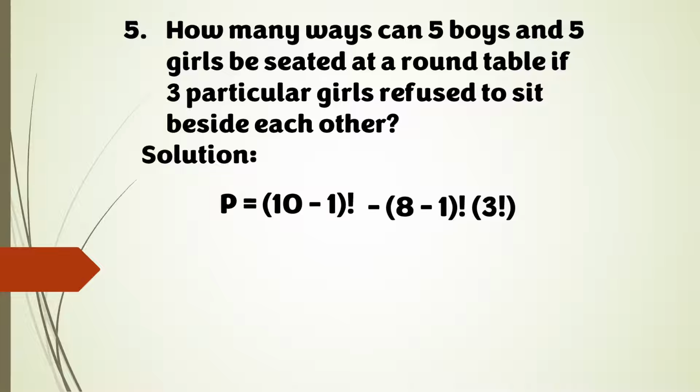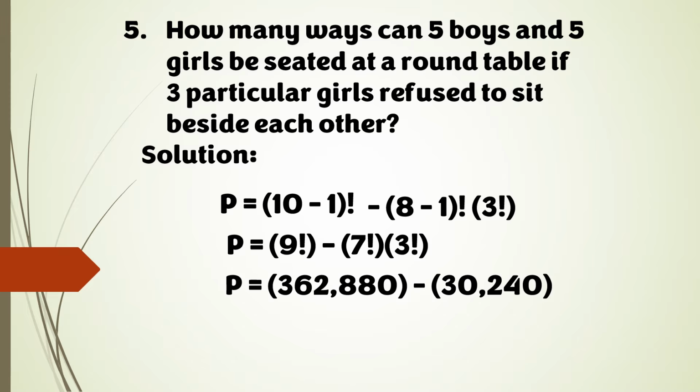That is the permutation wherein 3 girls must sit together. So we will subtract it from 10 minus 1 factorial. And then simplify. So 10 minus 1 is 9. So we have 9 factorial, and then minus, 8 minus 1 is 7, and then times 3. So 9 factorial minus 7 factorial times 3 factorial.